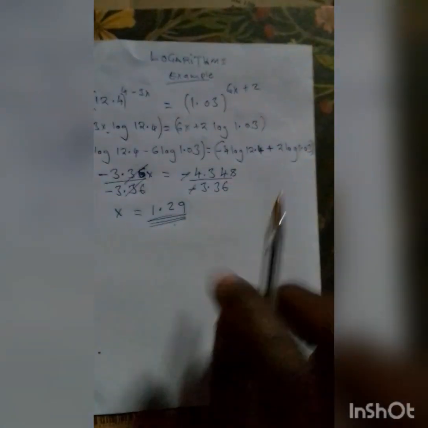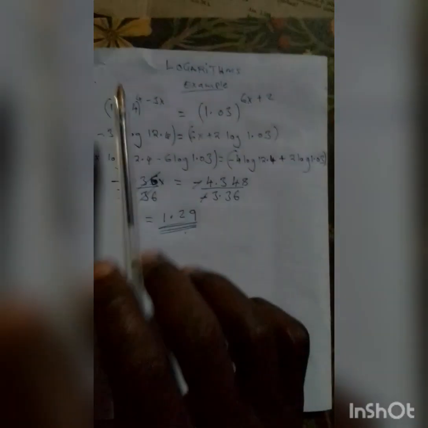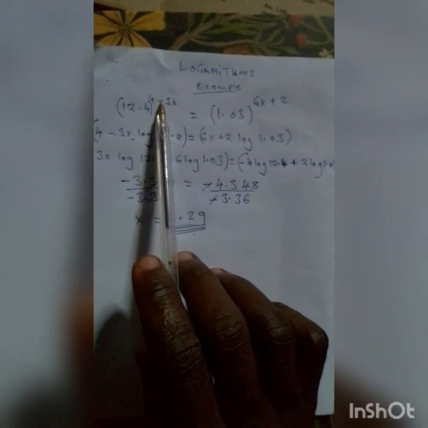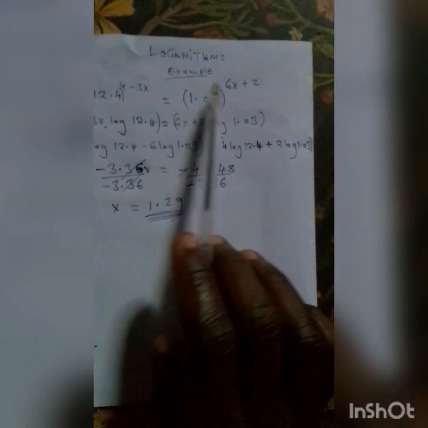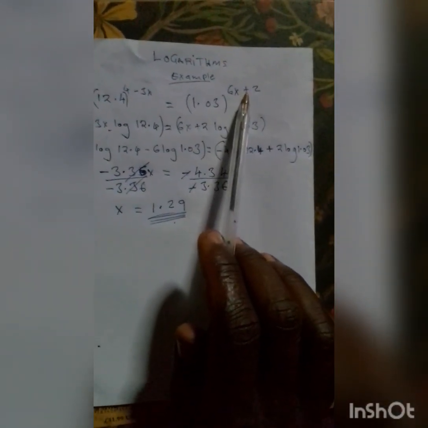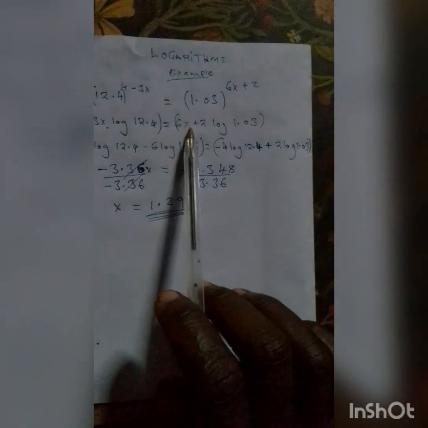So by solving these equations, first of all you have to rewrite them. For negative 3x log 12.4, you also put equals. Again you write 6 log 1.03 plus 2 log 1.03.